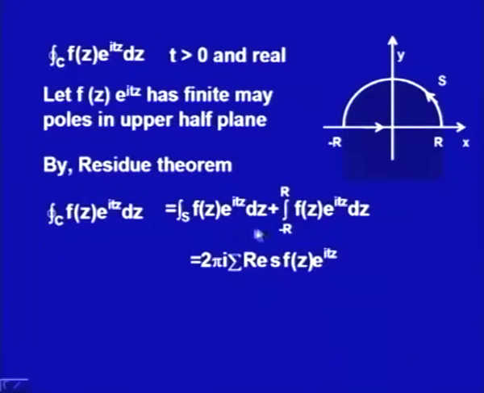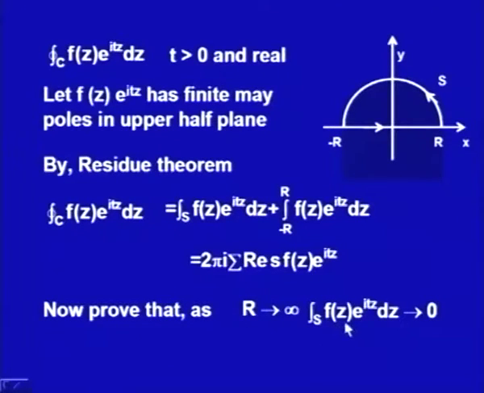Thus we would get that the value of this improper integral from minus infinity to plus infinity of f(x) e to the power i t x dx is 2 pi i times the summation over the residues of f(z) e to the power i t z, where the summation is over all poles in the upper half plane. So, what we now require is that as r approaches infinity, the integral of f(z) e to the power i t z dz on the contour S must approach 0.